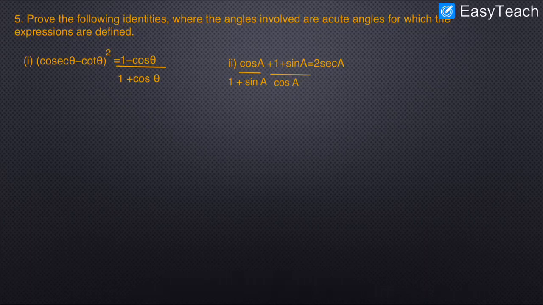So the remaining is cos A plus 1. This is the LHS side.